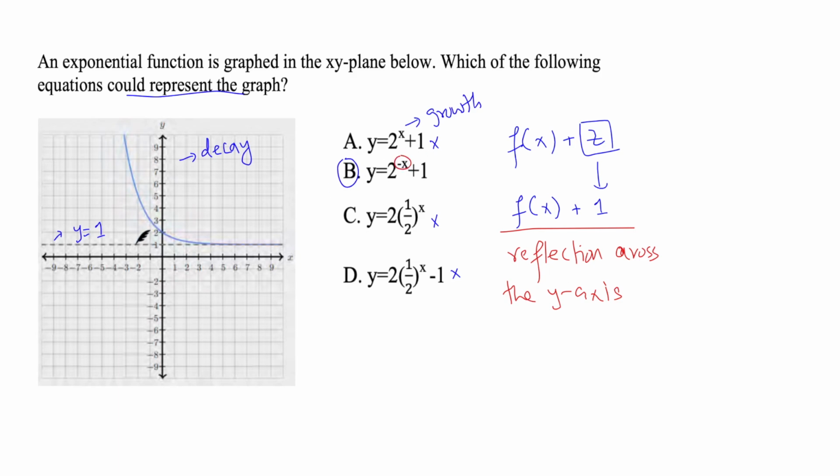The parent graph should look something like this. The graph is this, y equals 2 raised to power x plus 1. This graph is reflected across the y-axis, and that is why your x becomes negative and we get this shape. This is something you should also be able to identify.